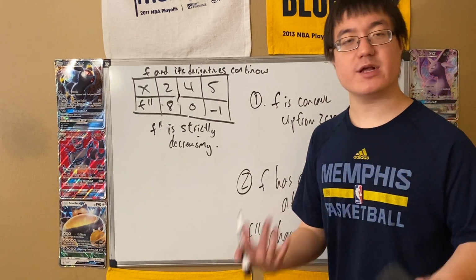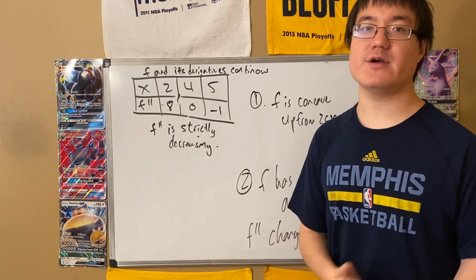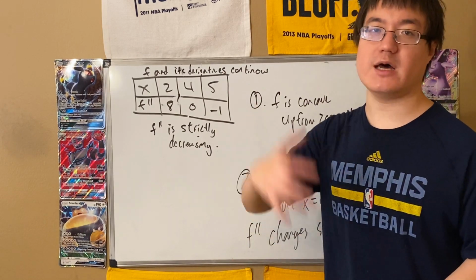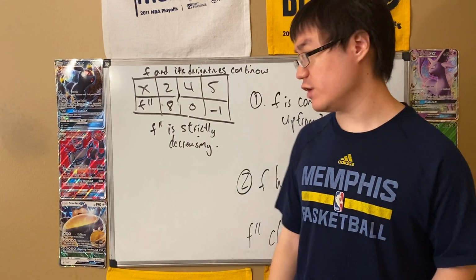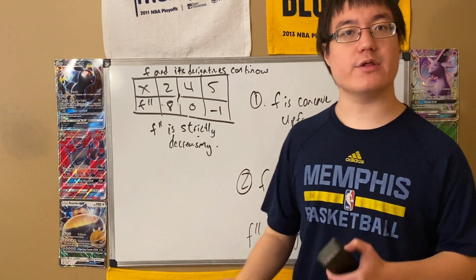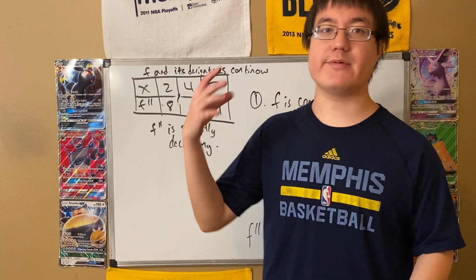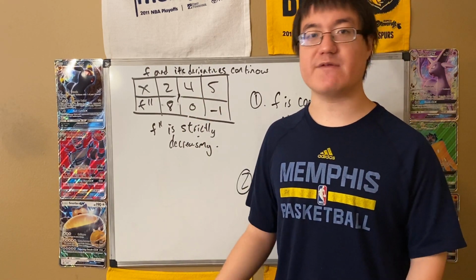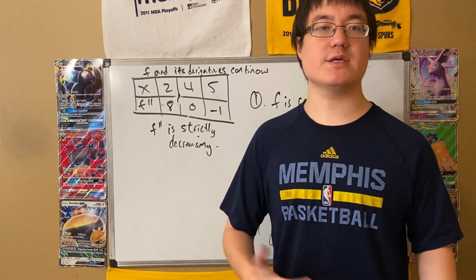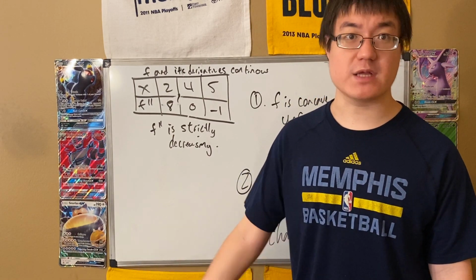We did talk about 3 types of miscellaneous questions and they did vary in difficulty and they are not the most important thing. Again, we talked about at the beginning of the video, the questions where all the answer choices are 2-column tables where we constructed f prime tables and then we used that f is increasing or decreasing, f prime is increasing or decreasing, determine the signs of f and f prime and f double prime.